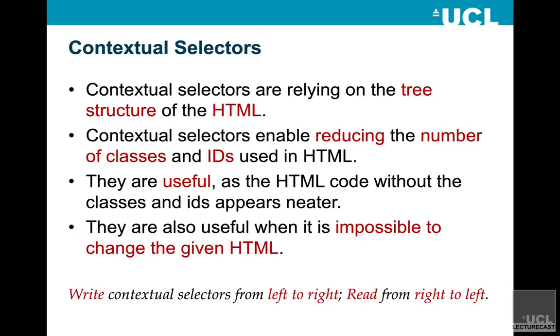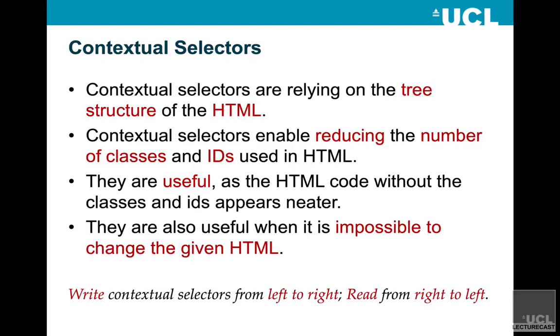Often it's impossible to modify your given HTML code, but as you can see, in order to change something in terms of the appearance within HTML, we have to go into the HTML and specify which tags are supposed to have specific class names or specific IDs. Now, if you use contextual selectors, you will not be required to modify the HTML code whatsoever.